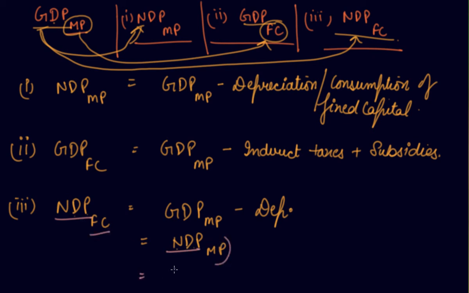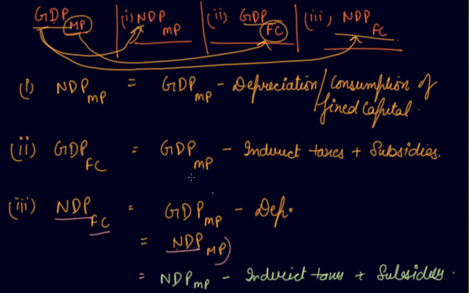So for that, what you do? You deduct your indirect taxes and you add subsidies. So this is how you calculate your different products. This is how you calculate your domestic aggregates. If one is given to you, you can calculate all the others with the given information.